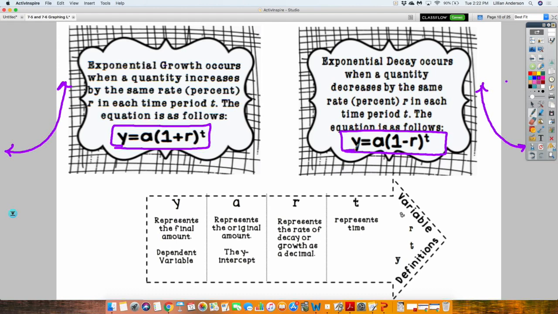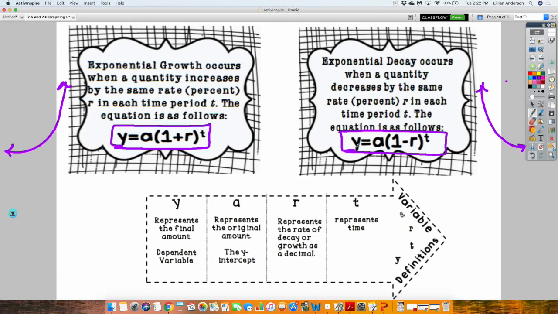It is known as the dependent variable. So after a certain number of years, what is going to be the value of the car? If it's depreciating, how much is it going to be after 10 years or something like that? A represents the original amount. A is also the y-intercept of these exponential equations.